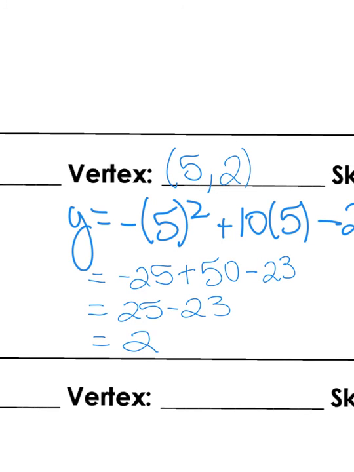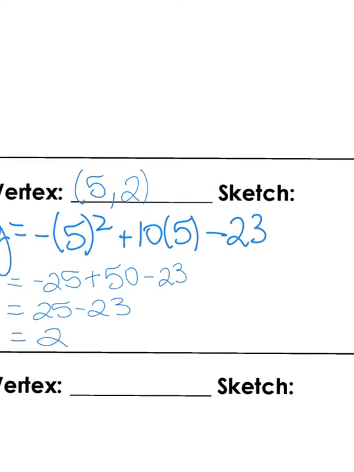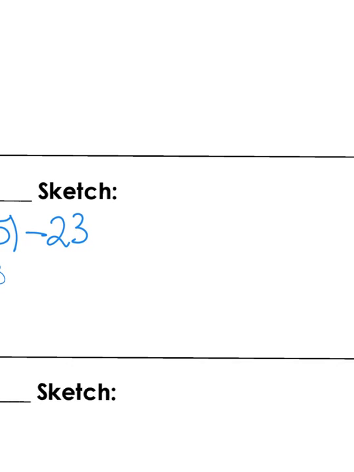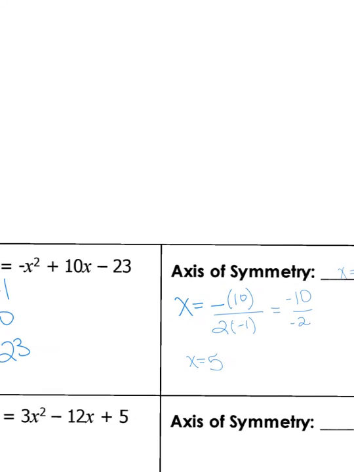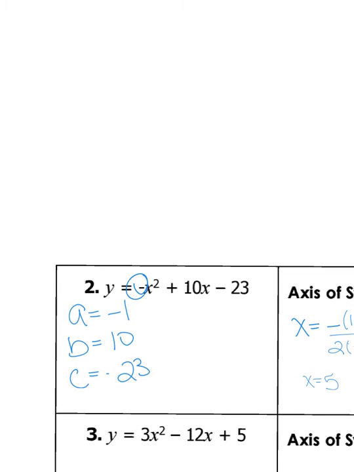All right, so I'm going to go over here to my sketch. I've got my y-axis, x-axis. So 1, 2, 3, 4, 5, 1, 2. Now keep in mind, I had a negative here.